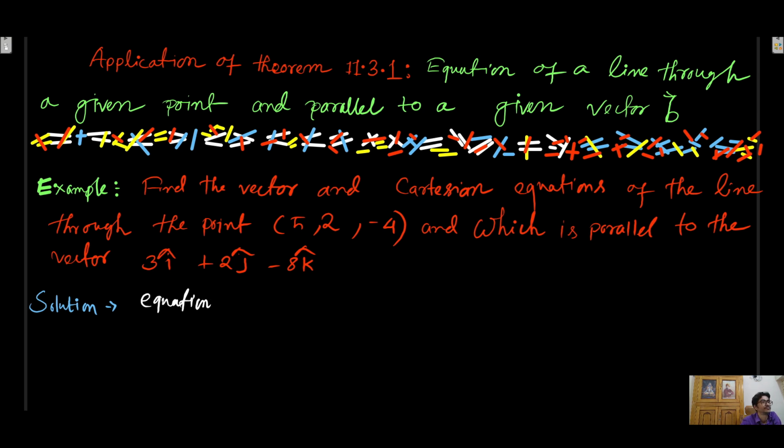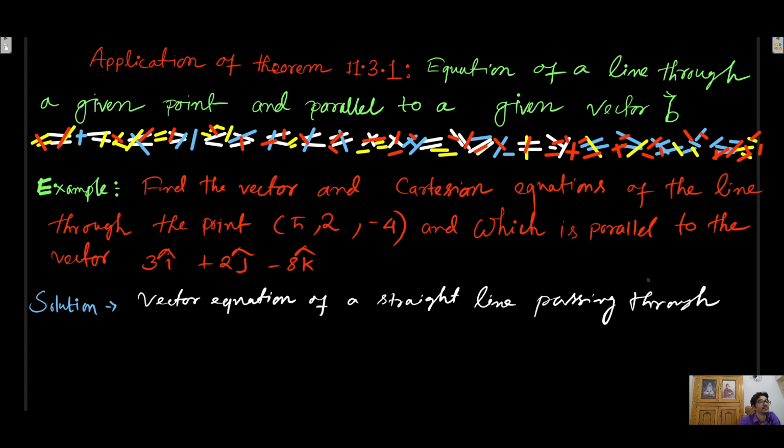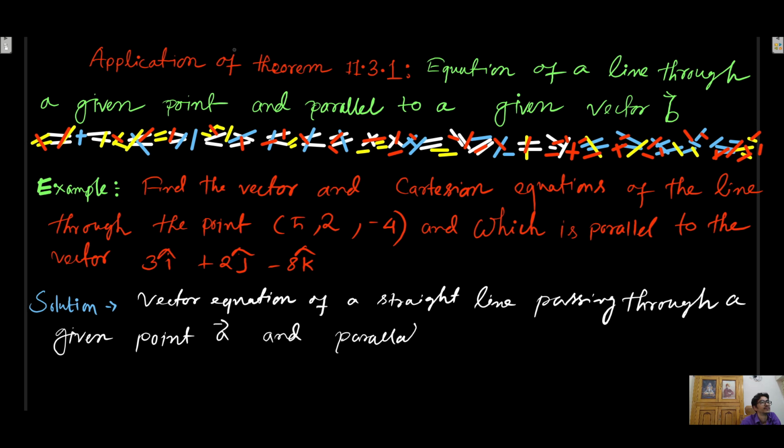The vector equation of a straight line passing through a given point, a vector, and parallel to a given vector, b vector, is r vector equal to a vector plus lambda times b vector.